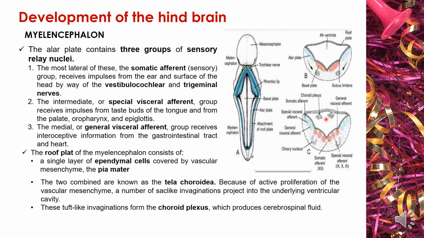These tuft-like invaginations form the choroid plexus. You can see this tuft-like invagination is called the choroid plexus, which produces cerebrospinal fluid.